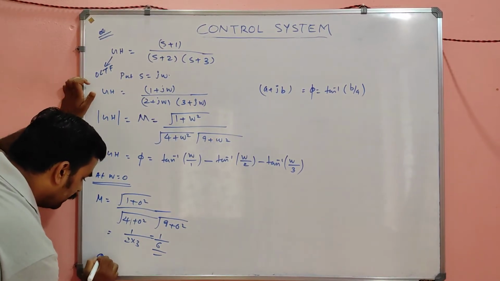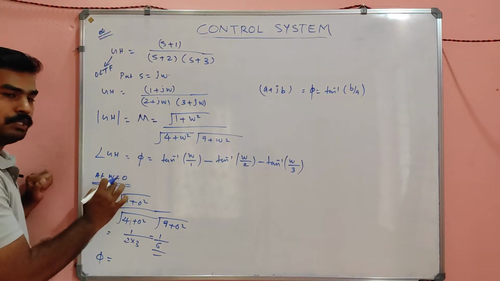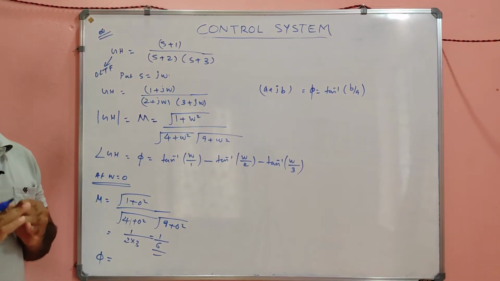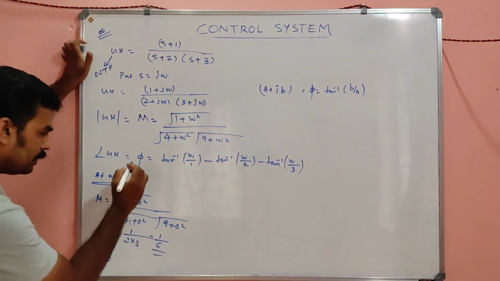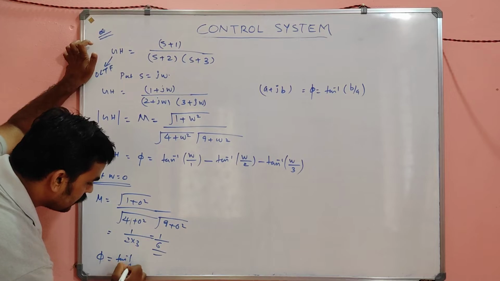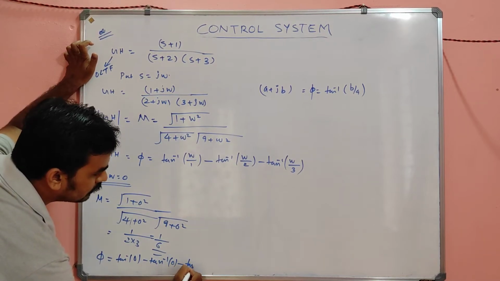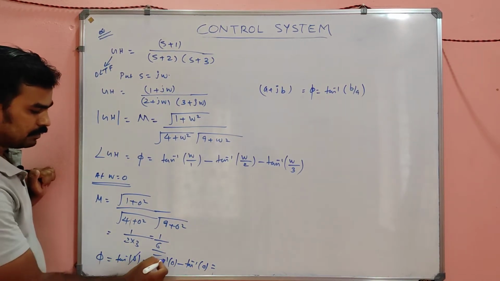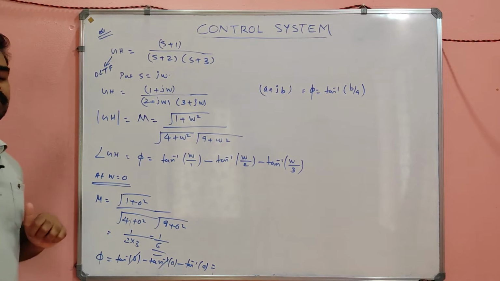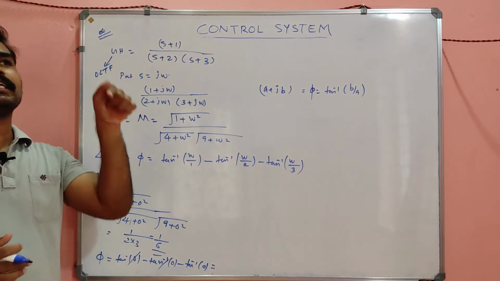And what is the phi or phase angle at omega equal to 0? At omega equal to 0, we have to find both magnitude as well as phase. So magnitude you obtained 1 by 6, and phase is tan inverse 0 minus tan inverse 0 minus tan inverse 0. The tan inverse 0 and one tan inverse will cancel, leaving minus tan inverse 0. What is tan inverse 0? Sin 0 by cos 0.